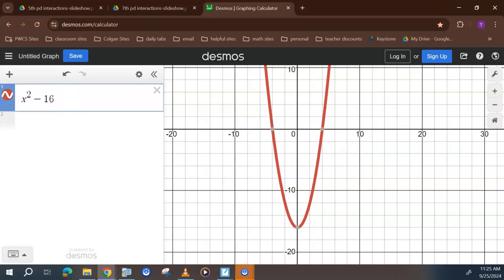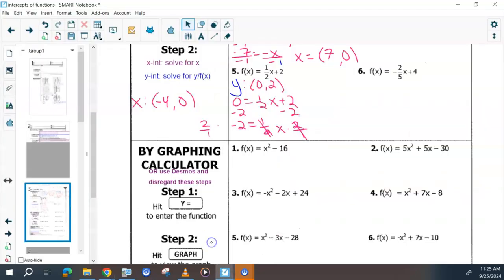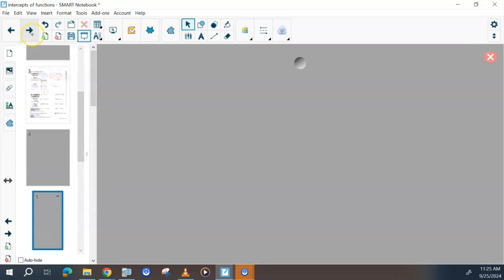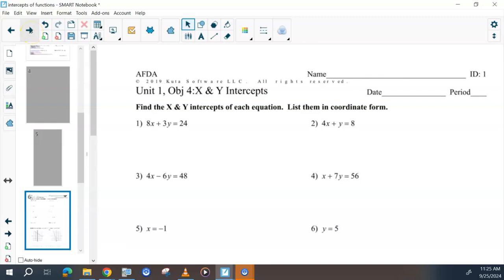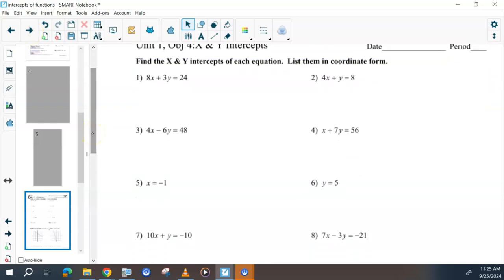I didn't do this for graphing, but you can type in all your graphing equations to make sure they match as well. Okay, go on to the back of this, or the next page, because this is the last part.